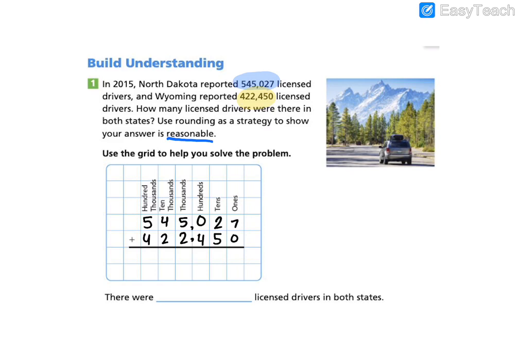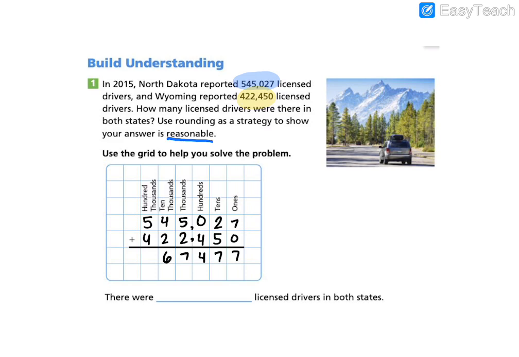7 ones plus 0 ones is equal to 7 ones. Moving into the tens place, 2 tens plus 5 tens is equal to 7 tens. 0 hundreds plus 4 hundreds is equal to 4 hundreds. 5 thousands plus 2 thousands is equal to 7 thousands. 4 10,000s plus 2 10,000s is equal to 6 10,000s.